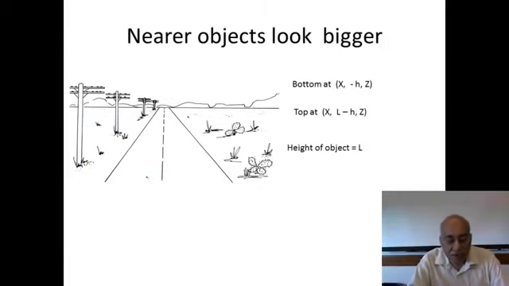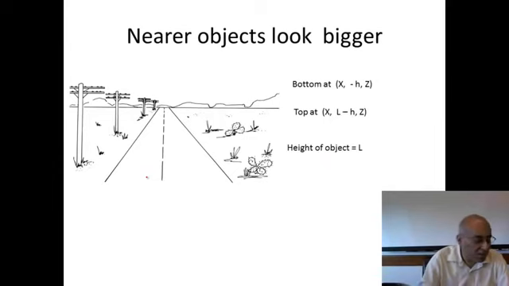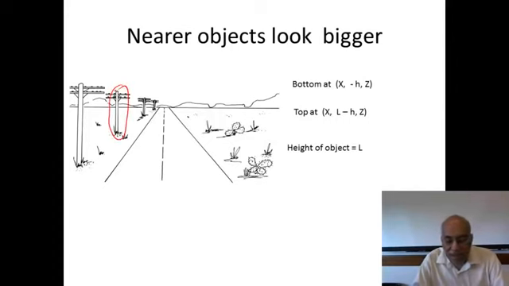Okay, here is another obvious kind of statement, but we want to prove it using our techniques, that nearer objects look bigger. So what I'm going to do is take up one of these poles, and derive what its length is in the image.